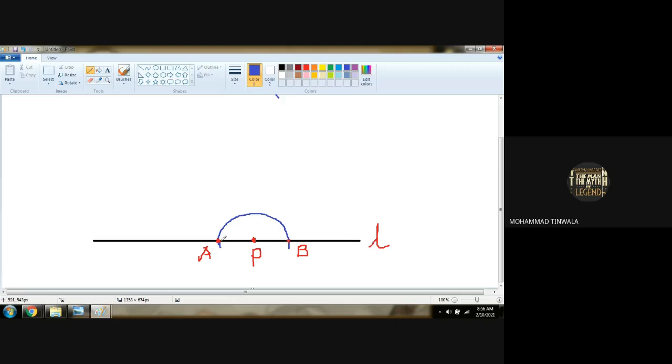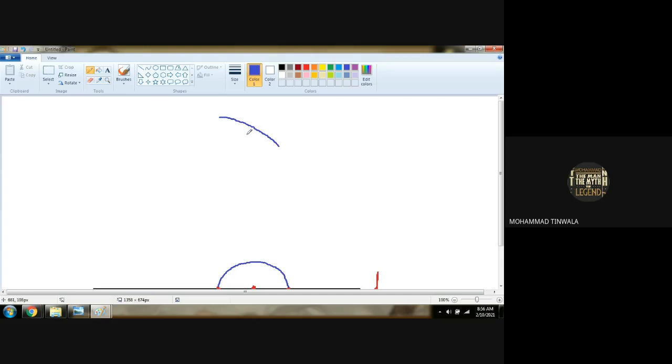With the same measurement what you did from point A, with the same measurement from point B, draw another arc like this, in such a way that it gets intersected to the first arc. Okay? Understood or not? Yes, understood. So this intersecting point will be your exact 90 degree on the top.